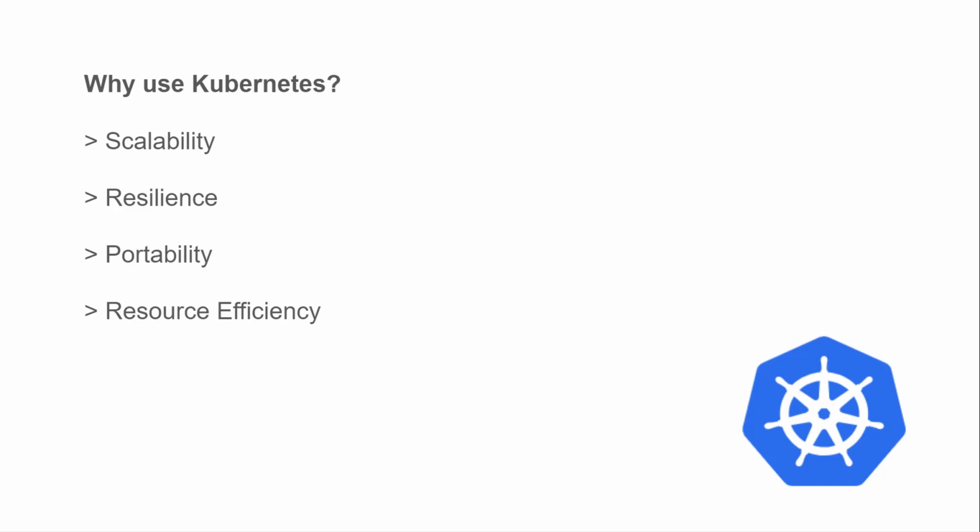Kubernetes optimizes resource utilization, improving efficiency and cost effectiveness by dynamically allocating resources based on application requirements and workload demand. Kubernetes ensures that resources are used efficiently, minimizing waste and reducing infrastructure cost.